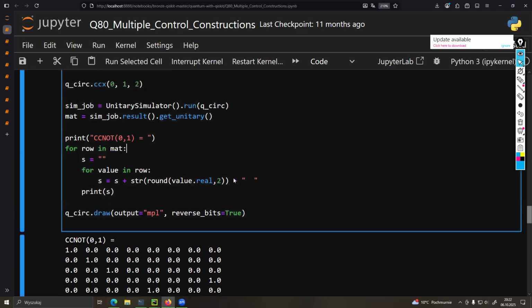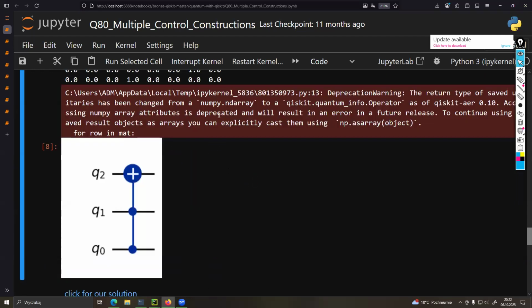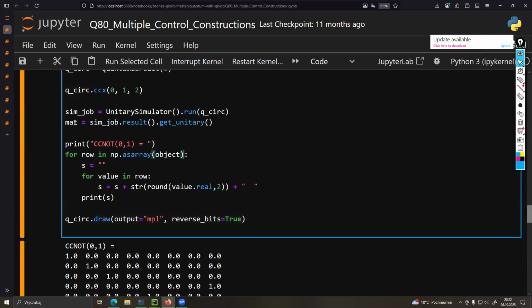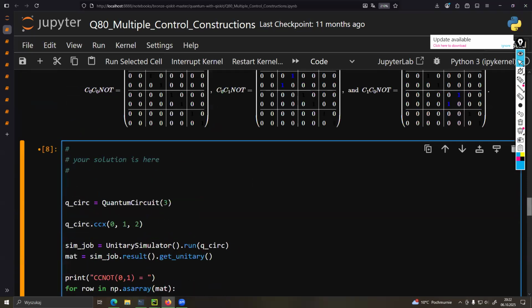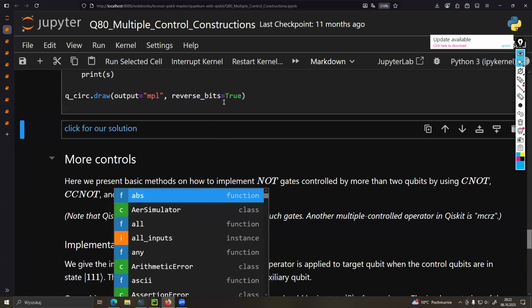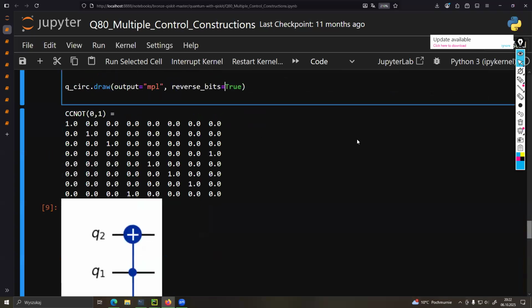So the error comes from old version of NumPy because we need to do actually this, and here I will do this, and I will need to import NumPy as NP. Okay, now there is no error.